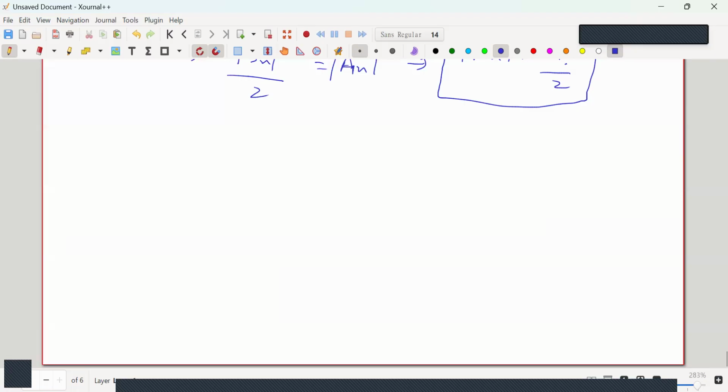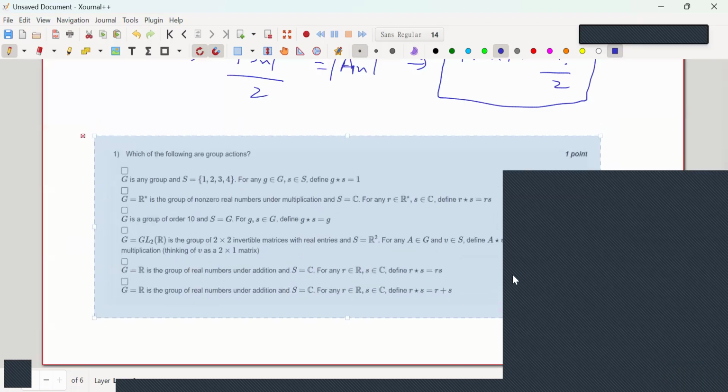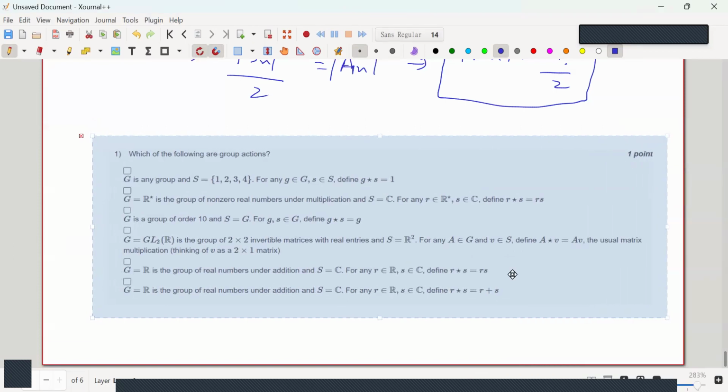Let me see if there are two, three options in the practice assignment which can be discussed. So this is from the practice assignment part.